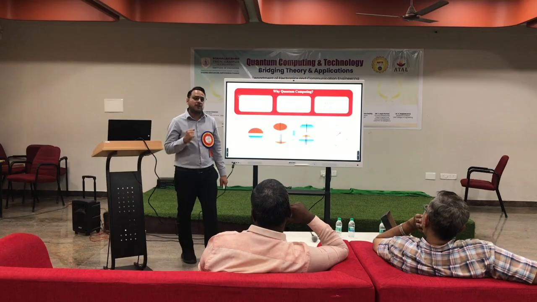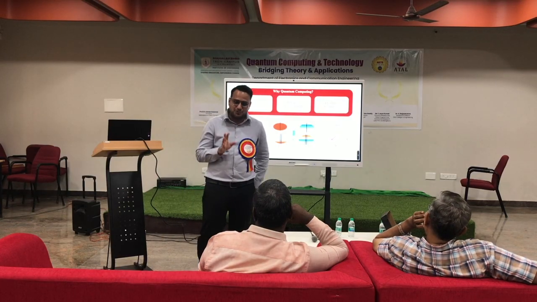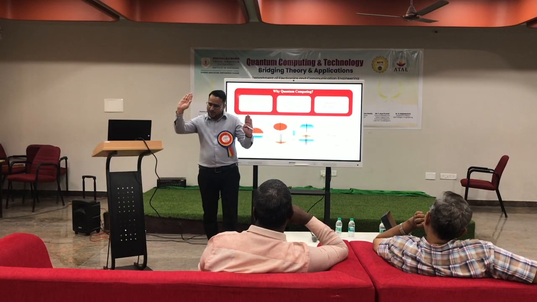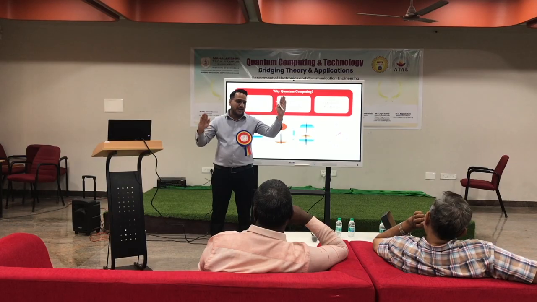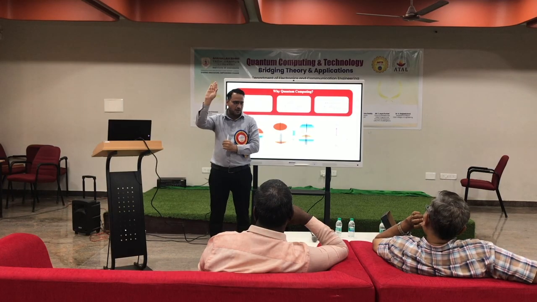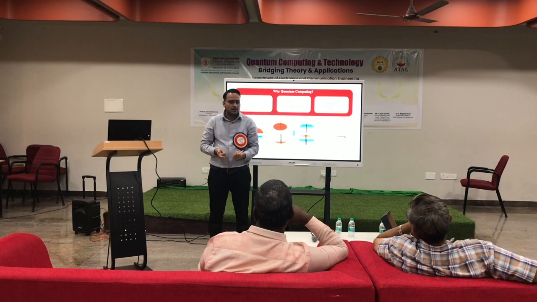How can this happen? This is a very interesting context to understand. I have one quantum bit and another quantum bit, and I am making them correlated. Once you perform a measurement on one, the instantaneous similar measurement happens on the associated qubit.